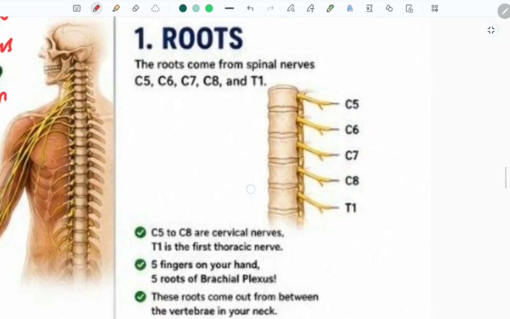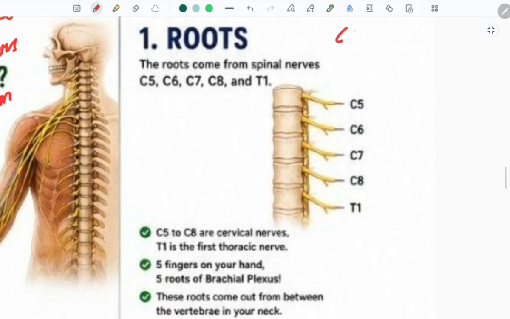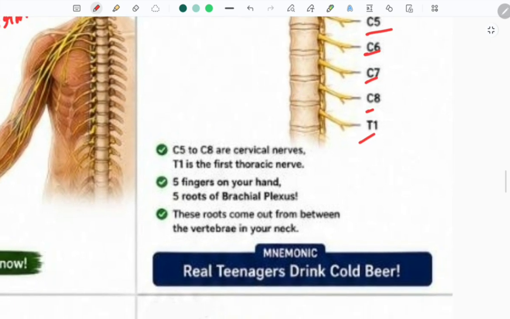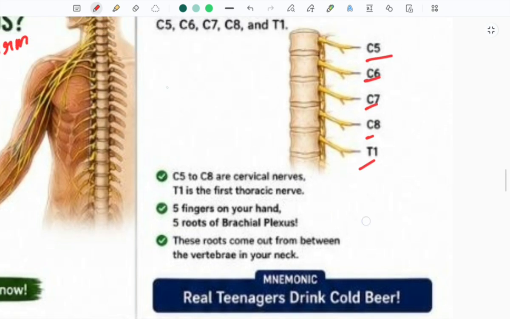Coming to the roots, there will be C5, C6, C7, C8 and T1. Everyone should remember a simple trick: you have 5 fingers on your hand, and the brachial plexus also has 5 roots.